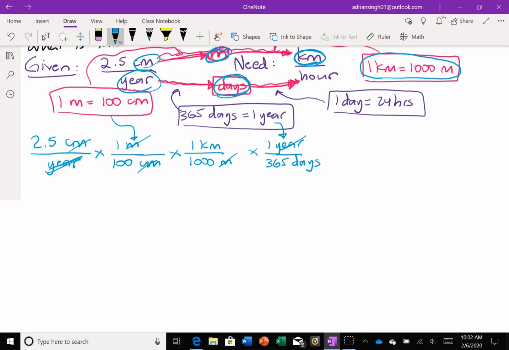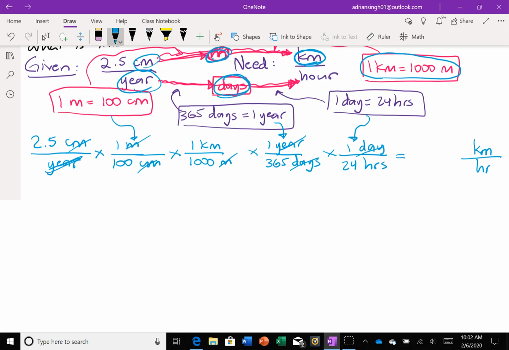So I'm at days. My final step is to get from days to hours. I'm going to use this as my conversion factor. If I want days to cancel, the day goes on top, and then 24 hours underneath. So days cancels out. The units I'm left with are kilometers in the numerator, and on the bottom, the only unit left is hours. So in terms of the units, my setup does make sense.